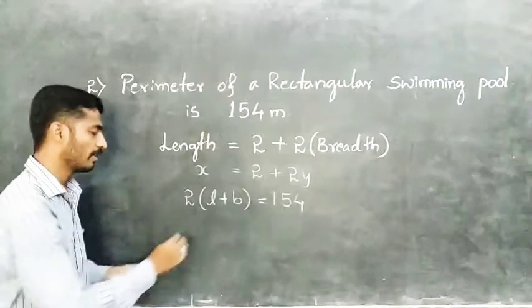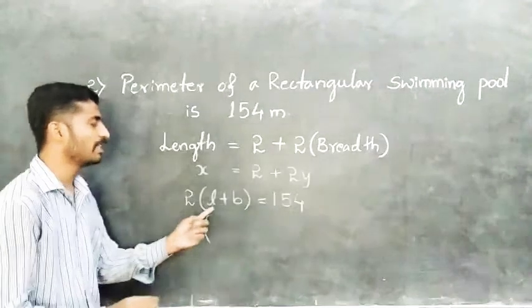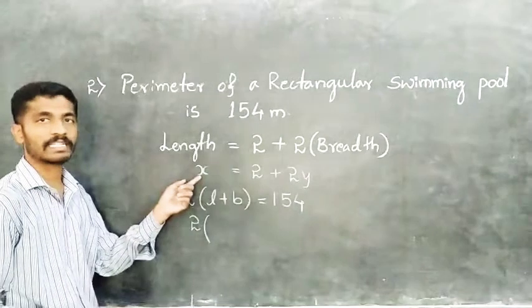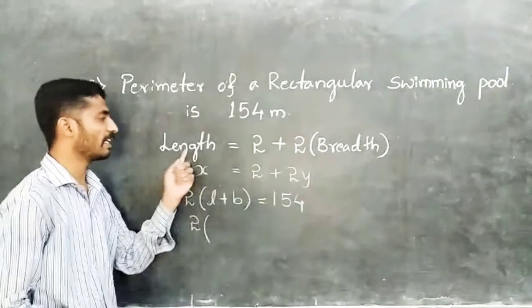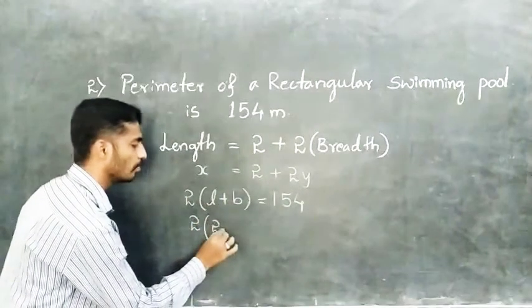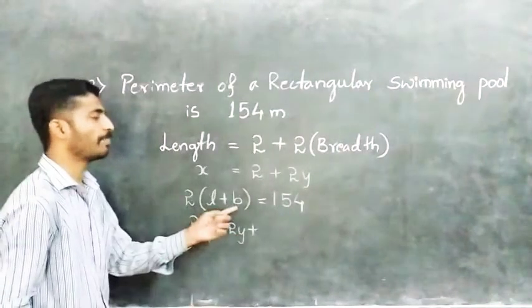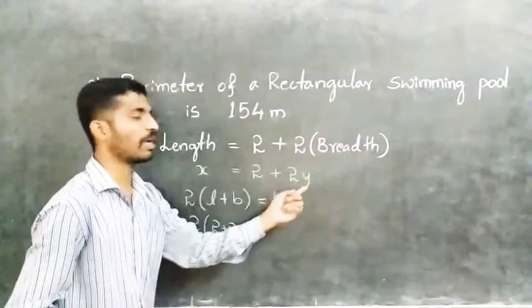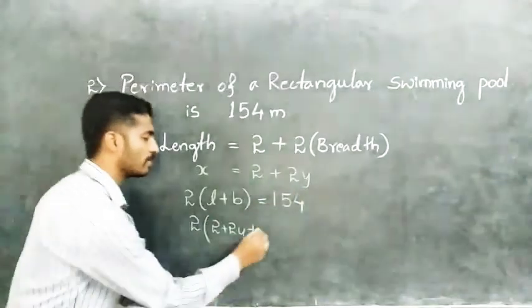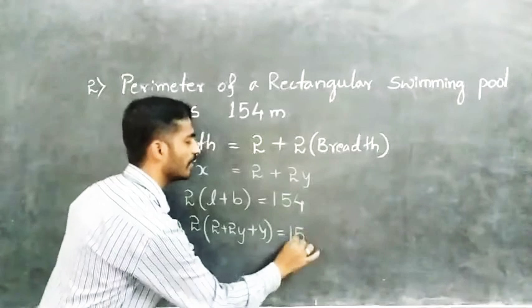So here let's take 2 times L, which means our x, or else you can directly take length equal to 2 plus 2y. So that is 2 plus 2y plus B. B means breadth. Breadth means what I took? I took y. So let's take here y equal to 154.